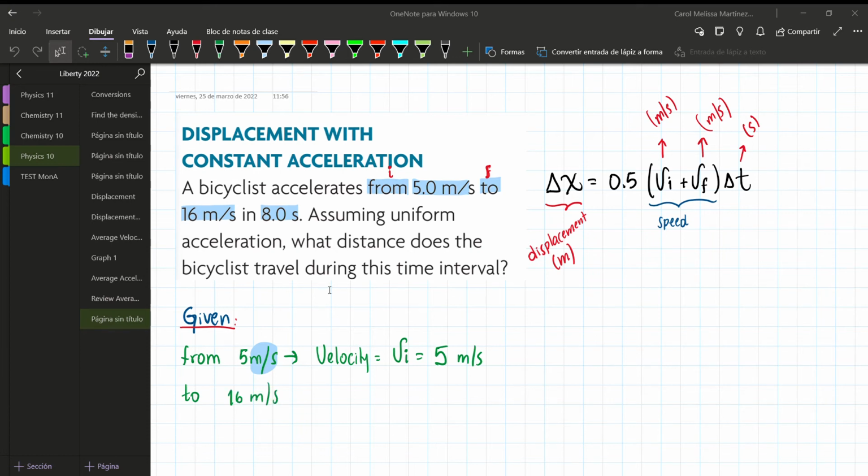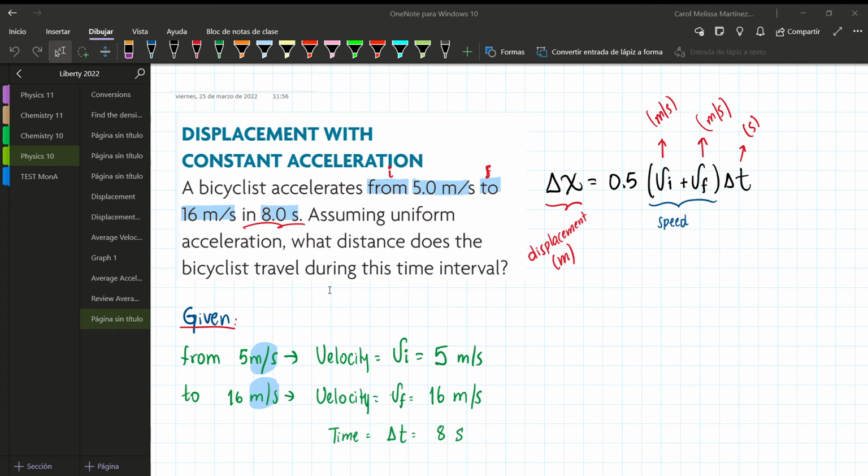My units are meters per second, therefore that is the velocity. And because it says to, it's going to be my final velocity, 16 meters per second. Then it says in 8 seconds. So of course this is going to be the time. Delta t equals 8 seconds.